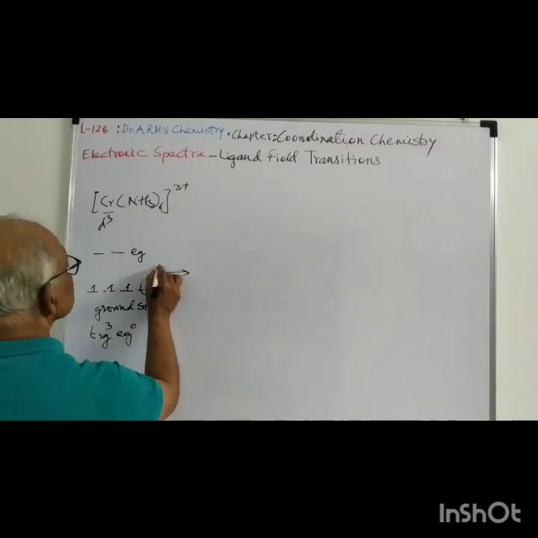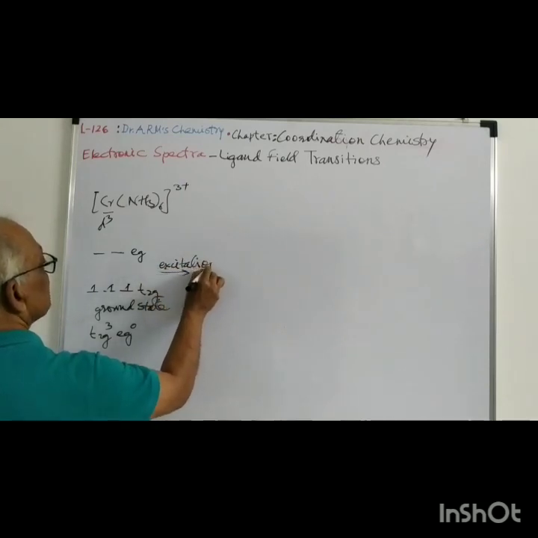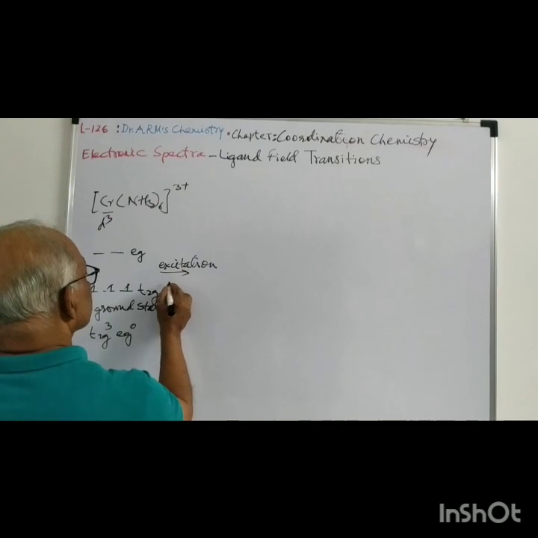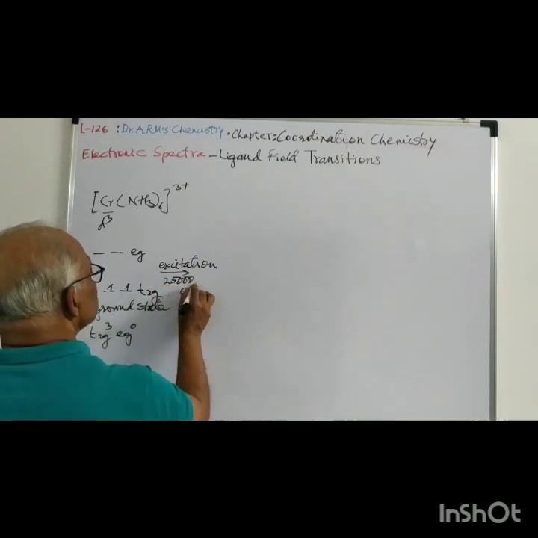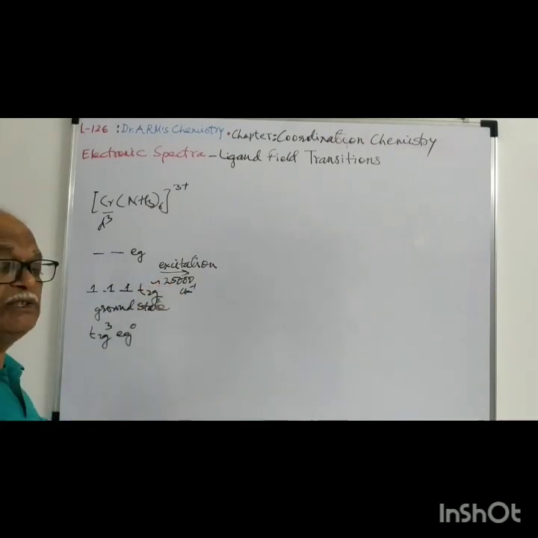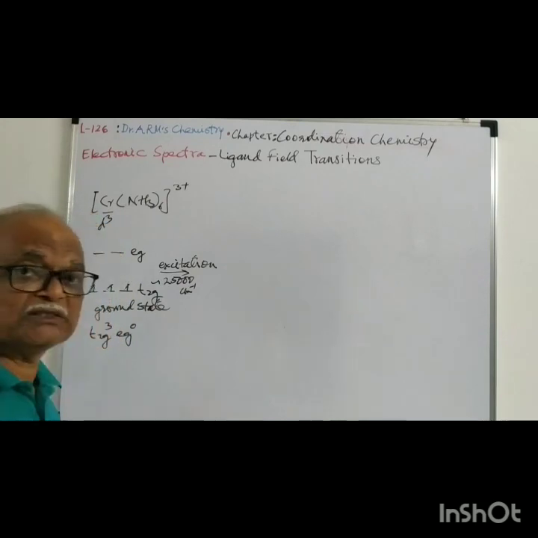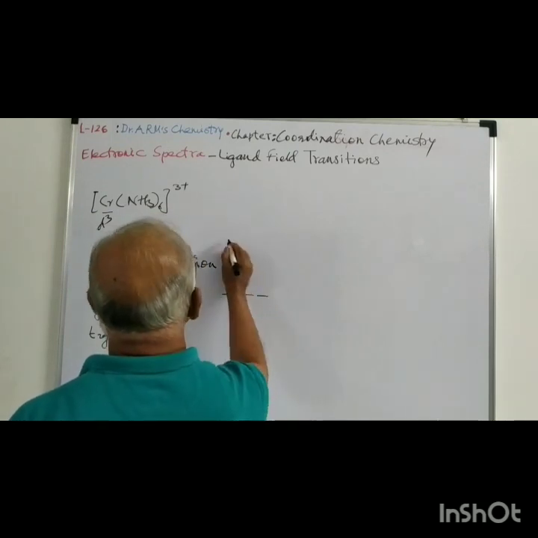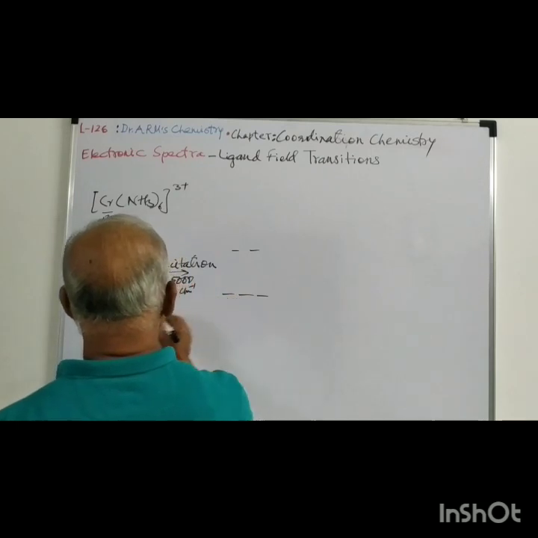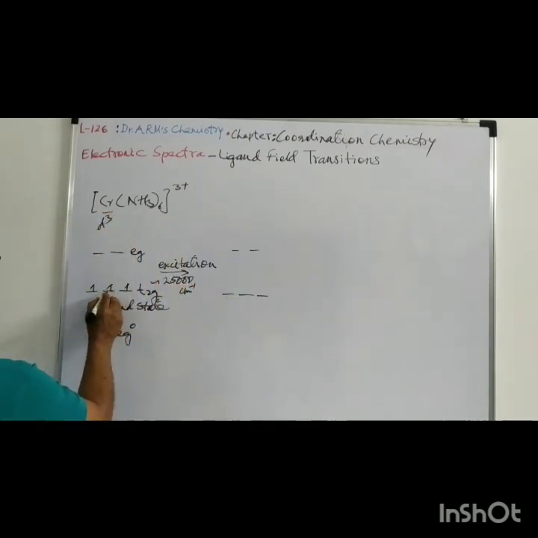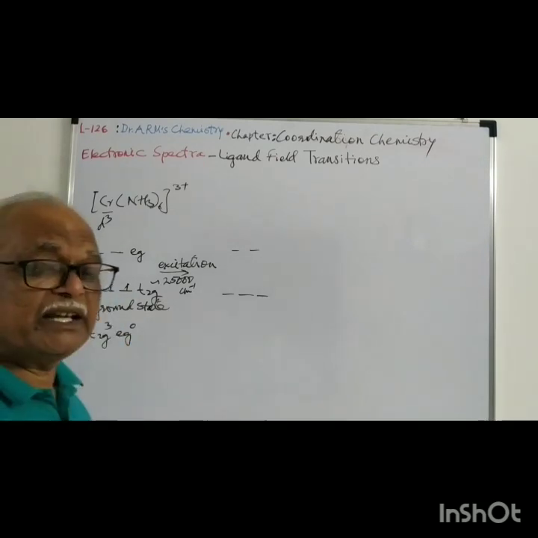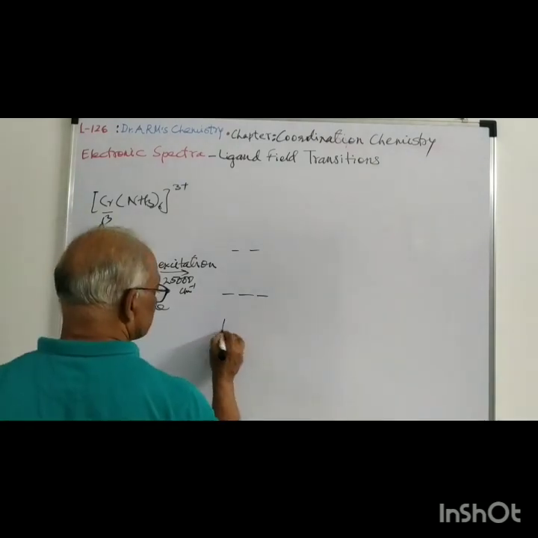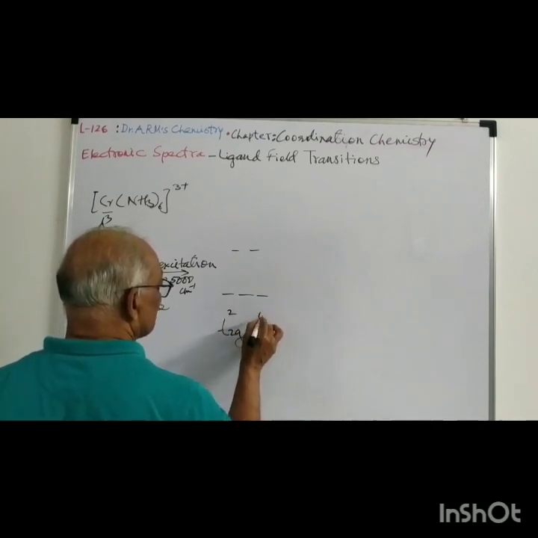Then after excitation, that is absorption of energy at approximately 25,000 per centimeter, and this is an approximate value, more or less depending upon the type of electronic state, we can consider that there are 3 electrons and any electron can move to the eg orbital, giving another configuration, t2g2 eg1.